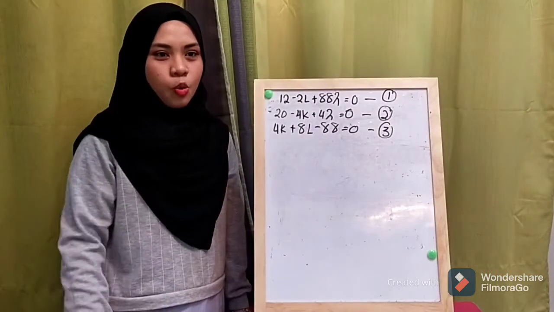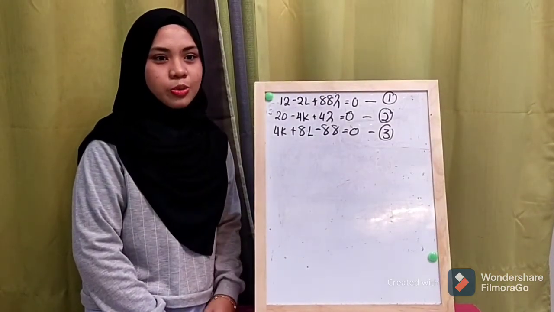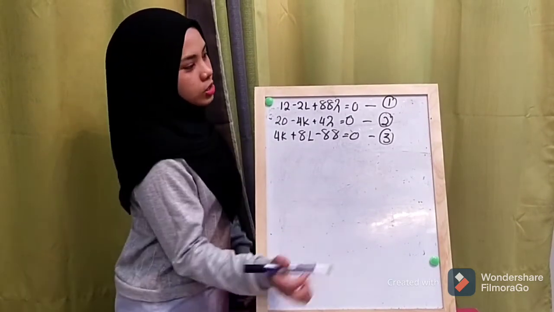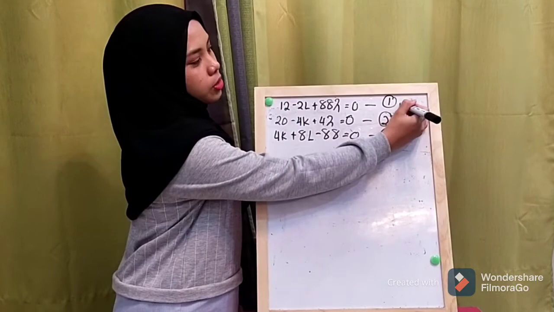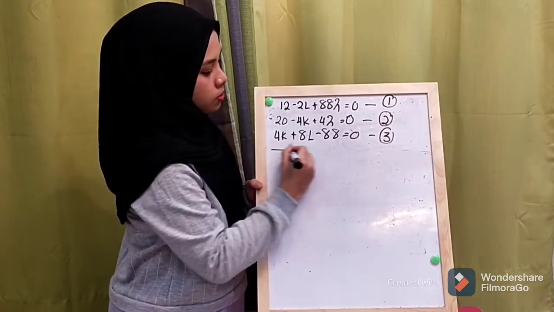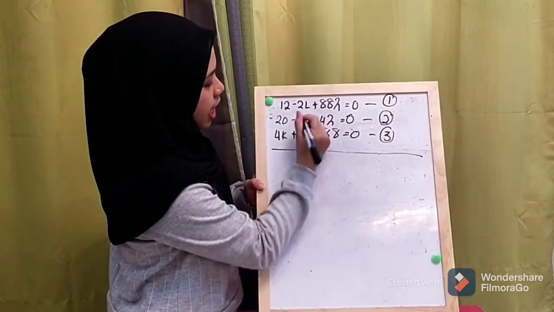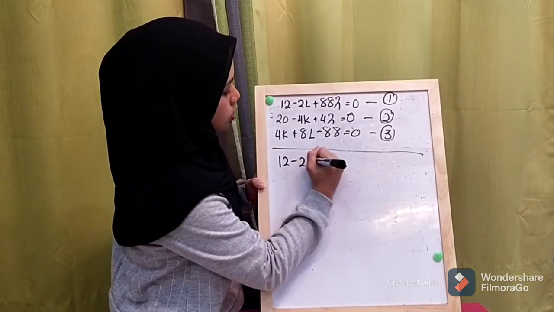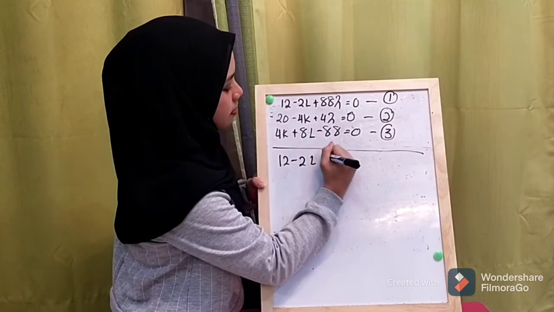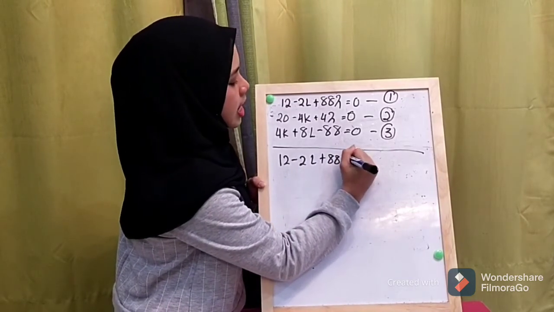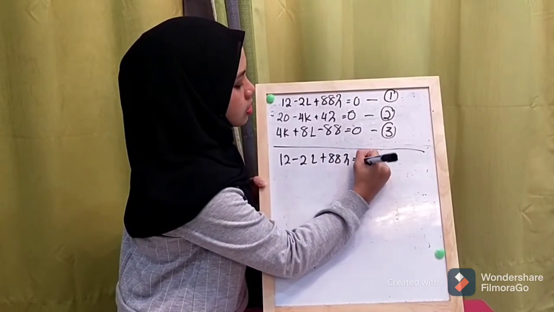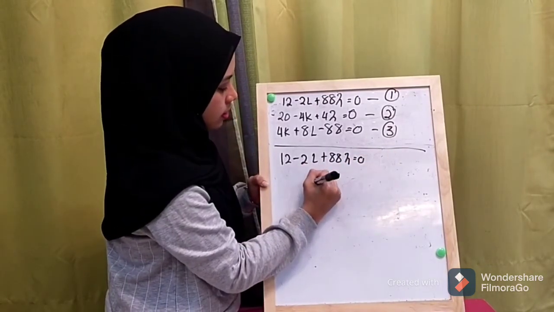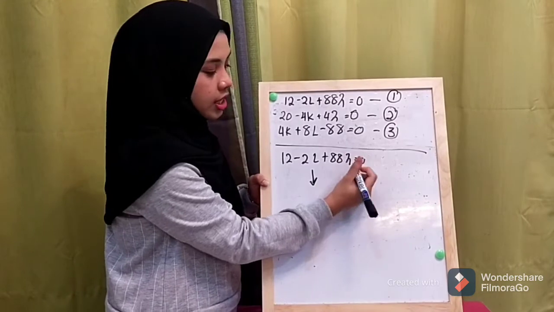Next, one way to solve this system is to begin by solving each of the first 2 equations for lambda. So I will take equation 1 and equation 2. 12 minus 2L plus 8 lambda equals 0, and I'm going to make sure that lambda is singular.